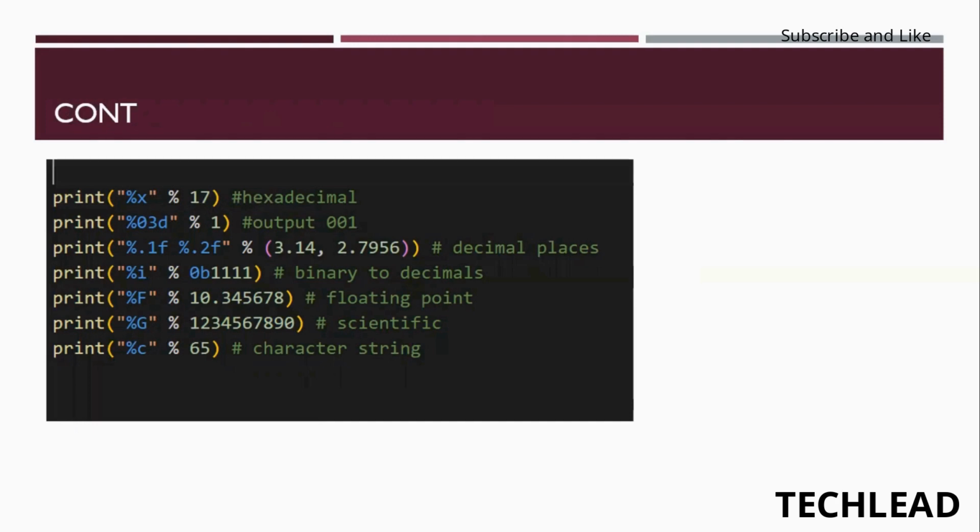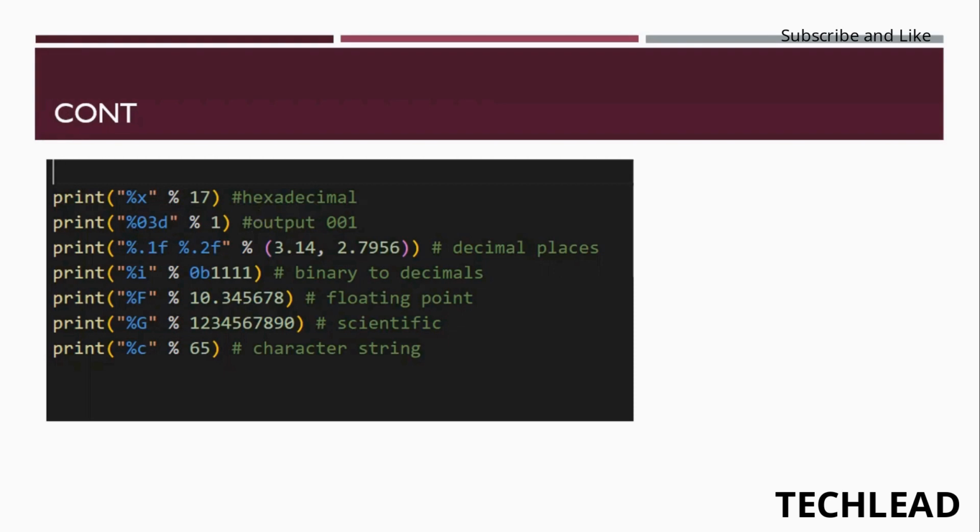And if we want to get the output in 3 digits, that means if we want to print 1 but we want to get it as 001, we must mention inside the quotation, modulo operator, 3 and d. 3 means we must get output in 3 digits.